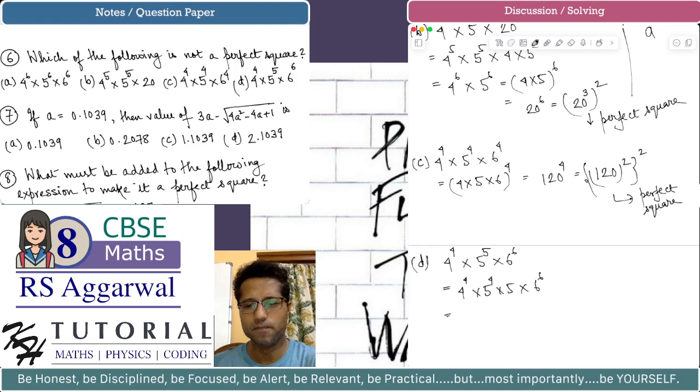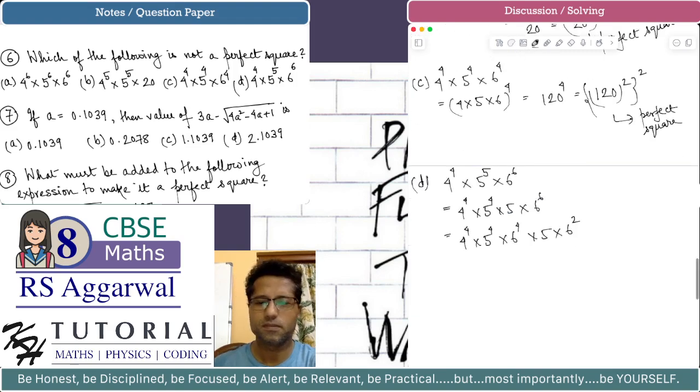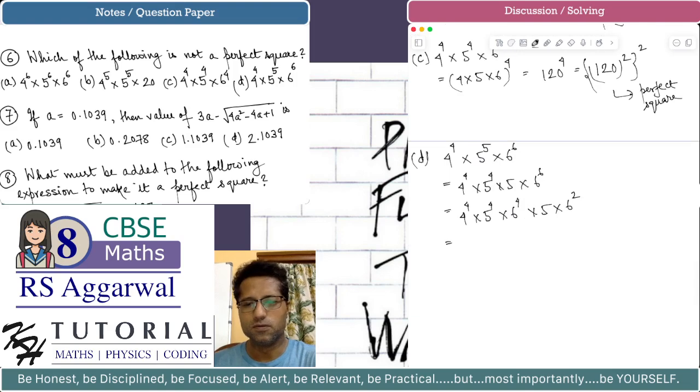This is equal to 4 to the power 4 multiplied by 5 to the power 4 multiplied by 6 to the power 4 multiplied by 5 and multiplied by 6 square.